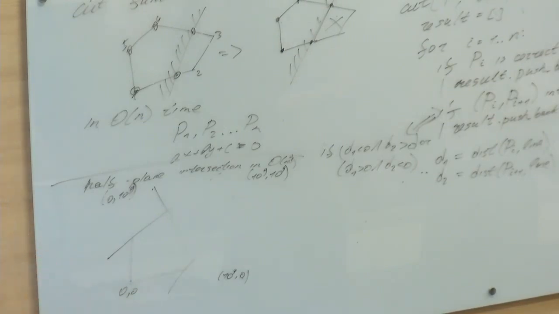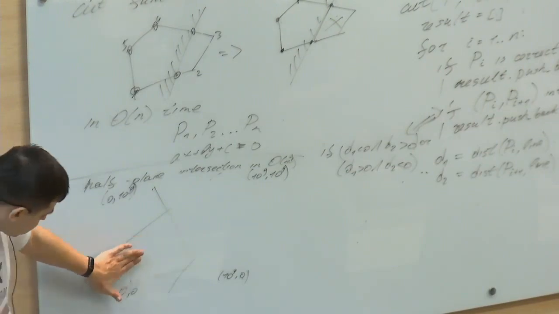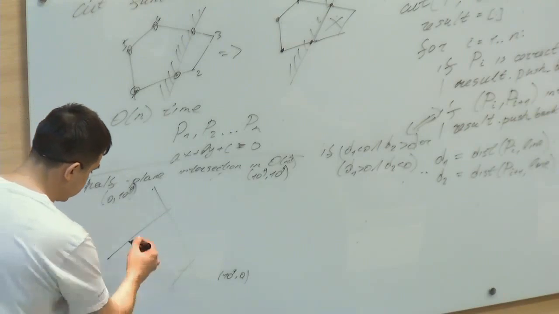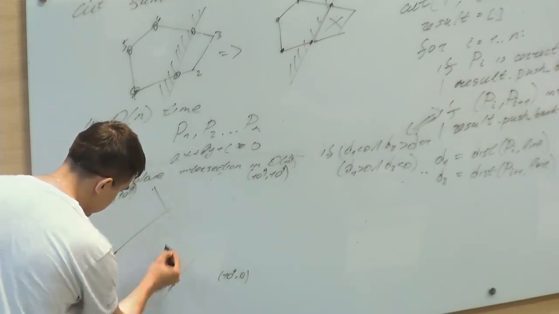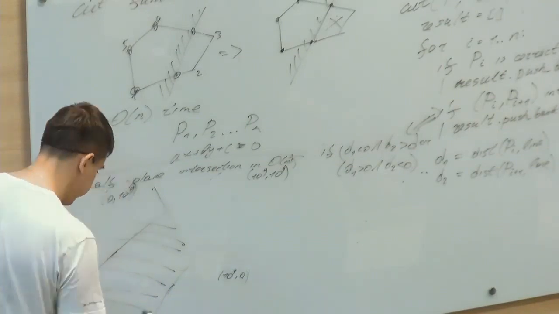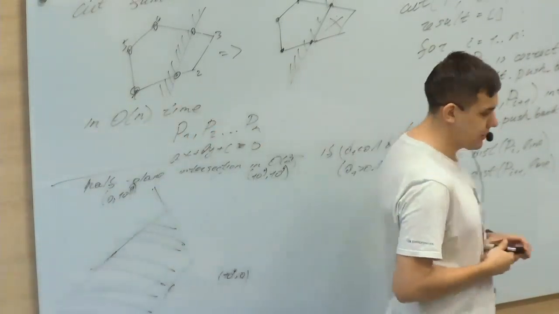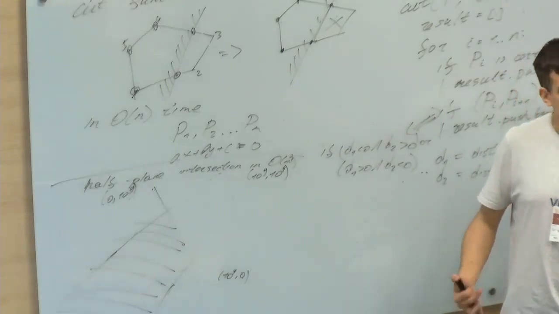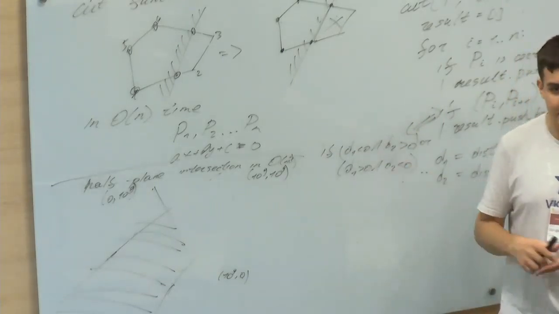So if some part of the original box is still there, this means basically that the half-plane intersection is infinite in that direction. And you want to deal with it somehow. Sometimes you just need the one point from the half-plane intersection.